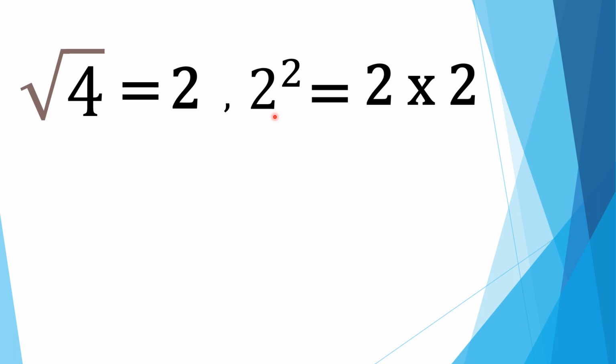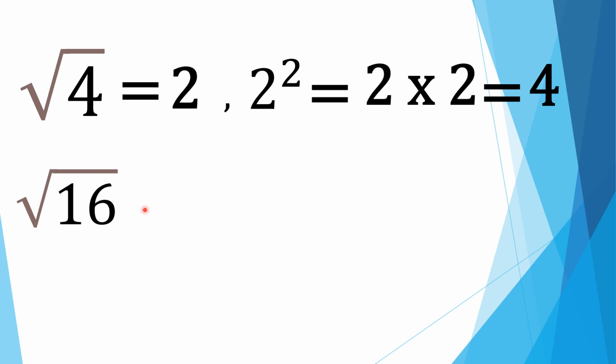The answer is 2, since 2 squared is equal to 2 times 2. 2 times 2 is equal to 4. 4 is a square number, and the square root of 4 is 2. Thus, square root of 4 is equal to 2.